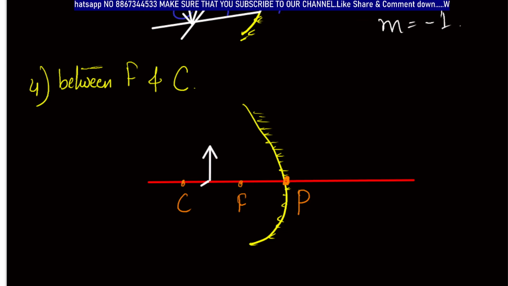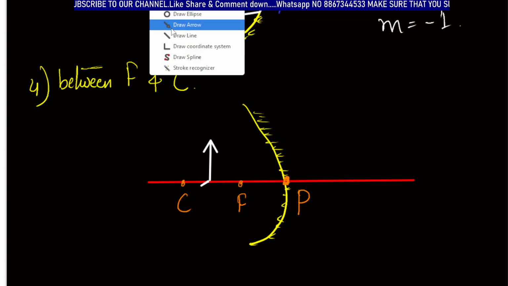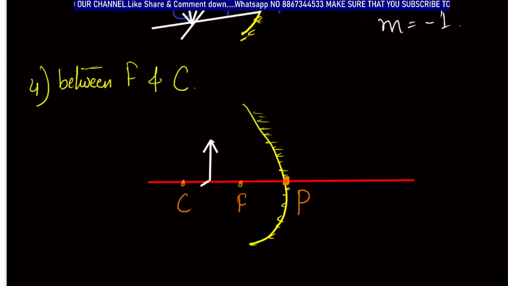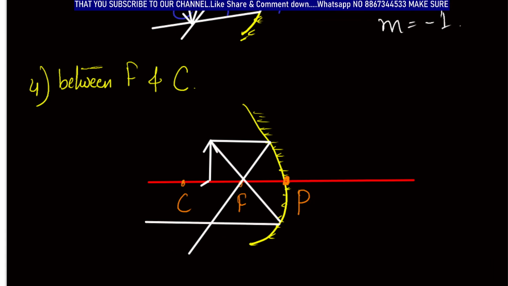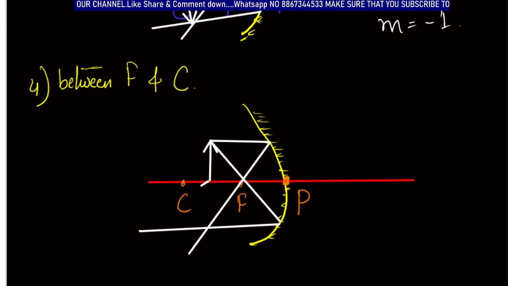So the image is in this place, between the center of curvature and the focus. The first ray that passes parallel to the principal axis passes through the focus, right? And the second ray passes through the focus and goes back parallel to the principal axis.